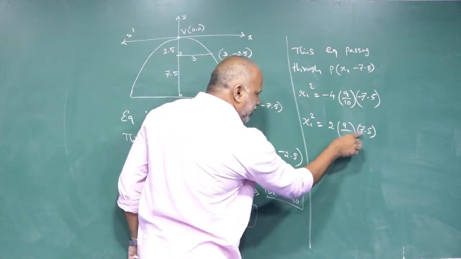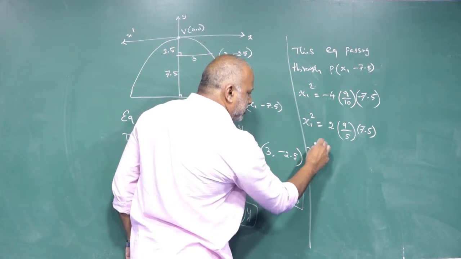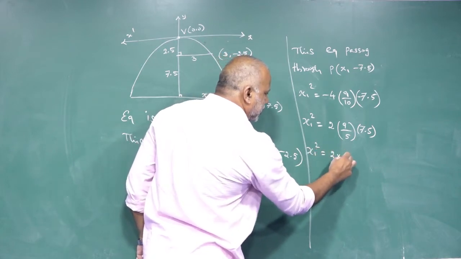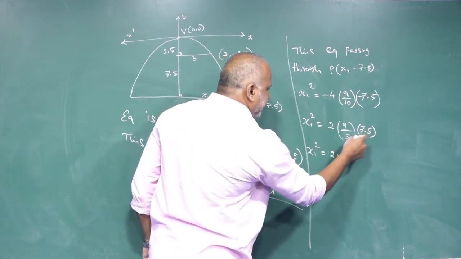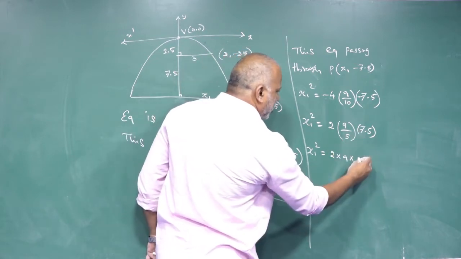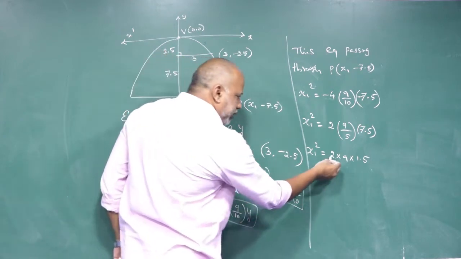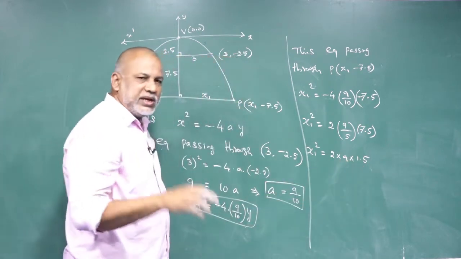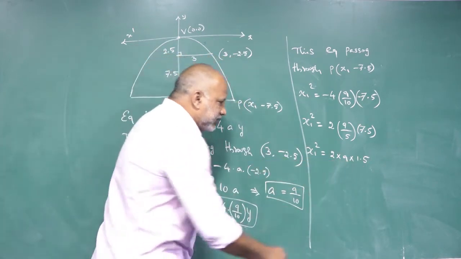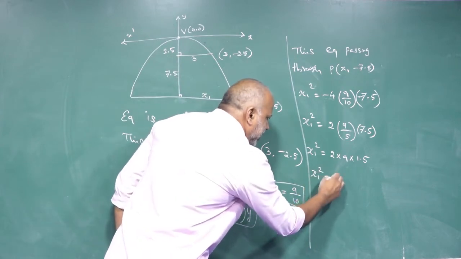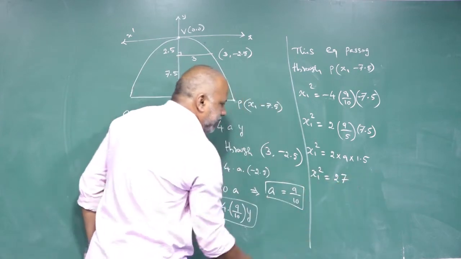Now this 5 and 7.5 you are able to simplify. If you simplify this, we get 1.5. This 1.5 multiplied with the 2 gives 3. 3 into 9, we get x1 squared equal to 27.